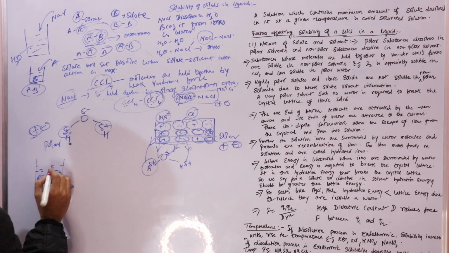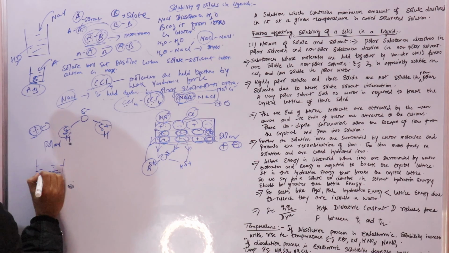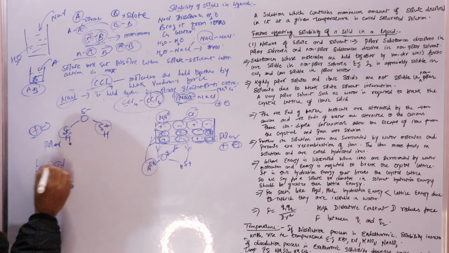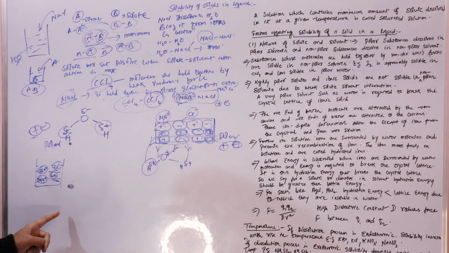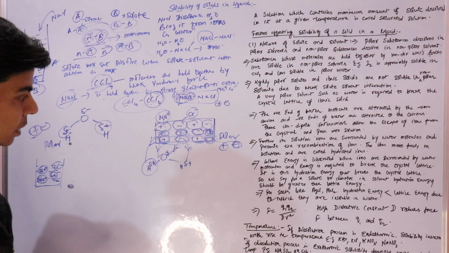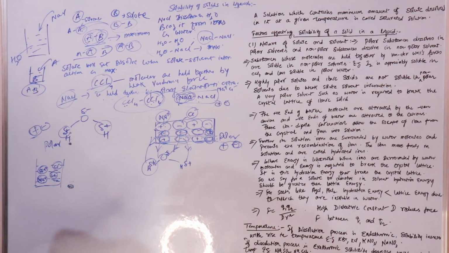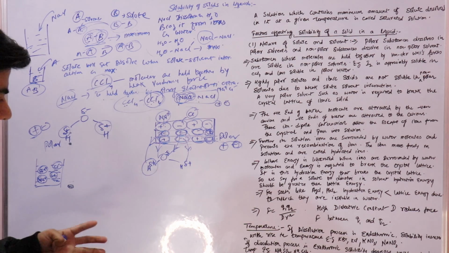It will break this crystal lattice, and like this you will see sodium and chloride ions in water, in this beaker that contains water, when sodium chloride gets dissolved in water. So now let's see, when water pulls these ions in, what will happen next.